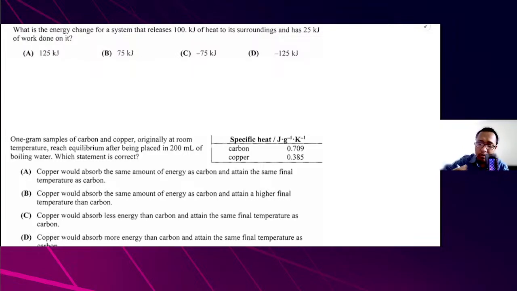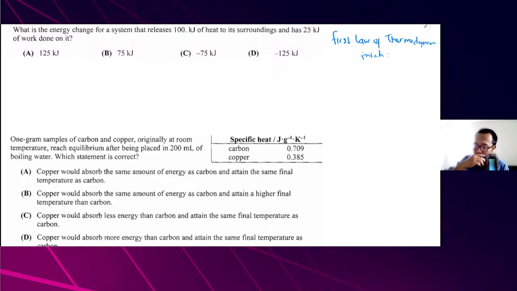The key concept of this problem, the main idea here, is the first law of thermodynamics, which says the change in internal energy of a system equals the heat exchange plus the work done.